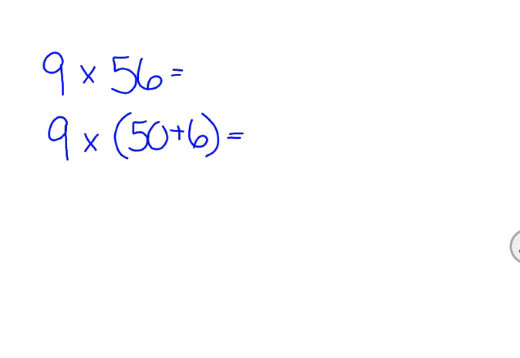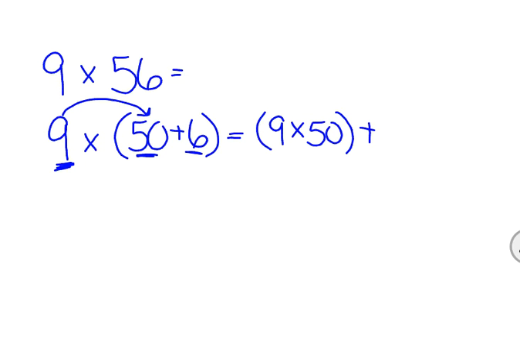Now I'm going to distribute my 9 to the 50, then the 9 to the 6. So 9 times 50. Add in the other distributive part, 9 times 6.